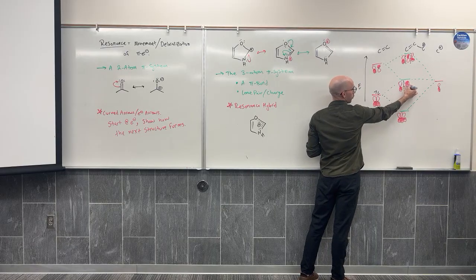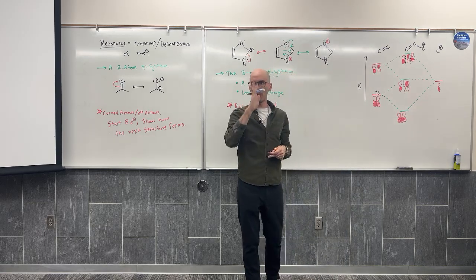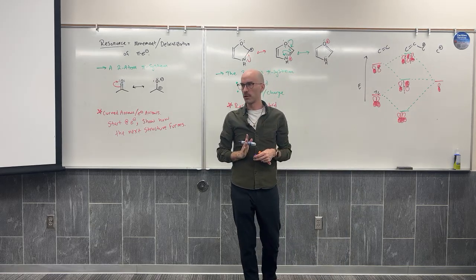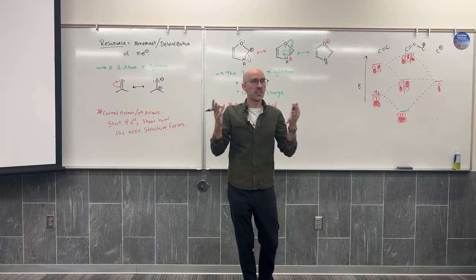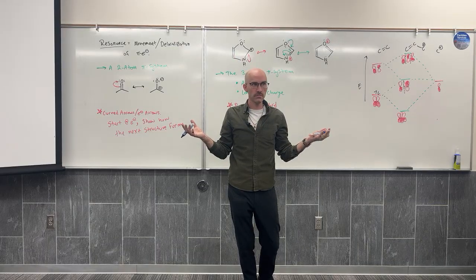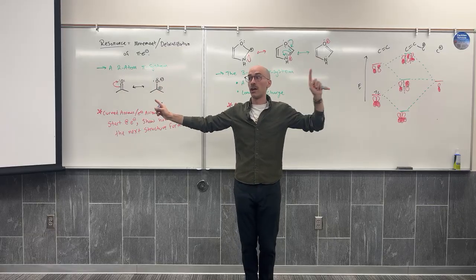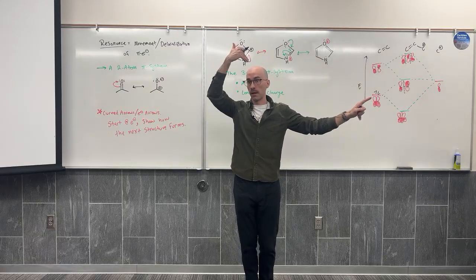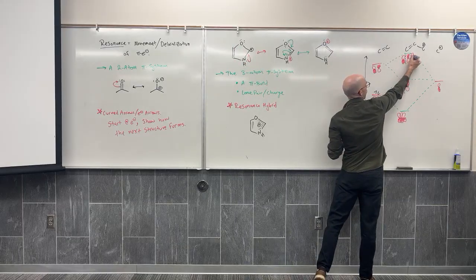Do you see how that node falls over the nucleus? That nucleus doesn't have electrons around it. The molecular orbital is on nucleus 1 and nucleus 3, but not on nucleus 2.